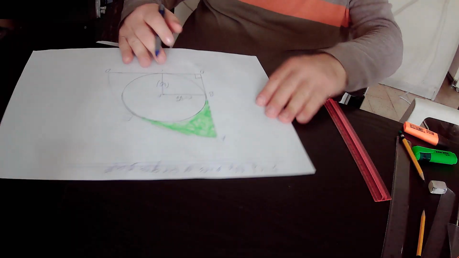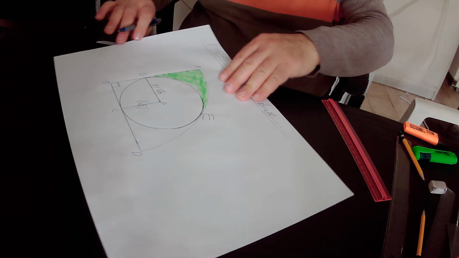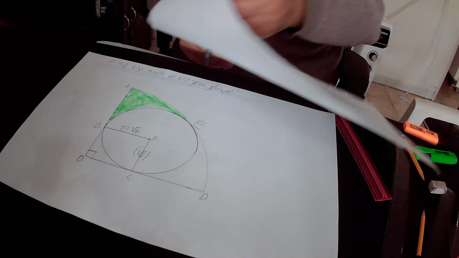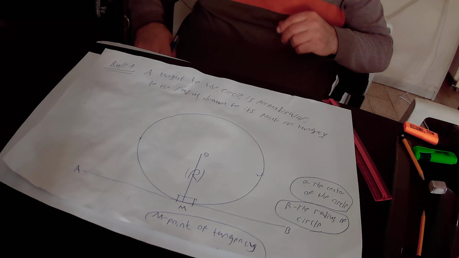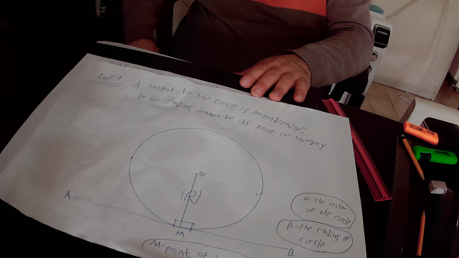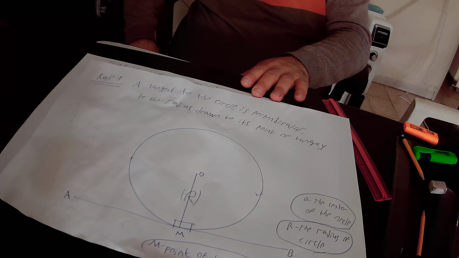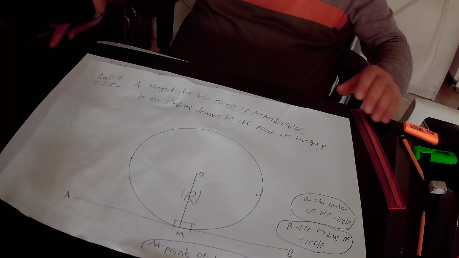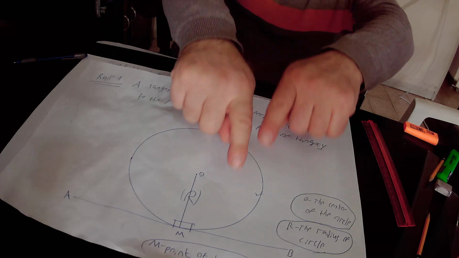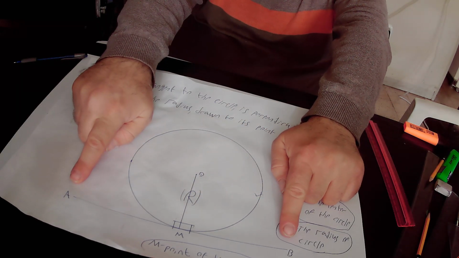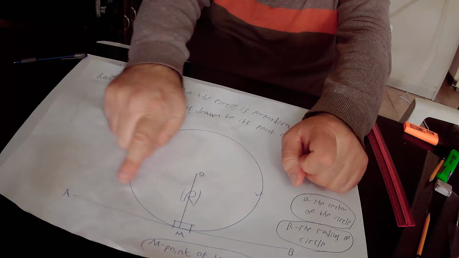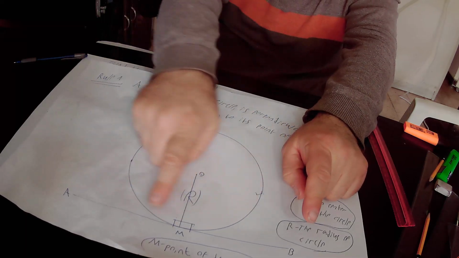Here we'll implement rule 1, a bit quickly. According to rule 1, a tangent to the circle is perpendicular to the radius drawn to its point of tangency. In the drawing, we have a circle, and this is tangent AB, that is tangent to this circle at point M. Point M is the point of tangency of tangent AB with this circle.